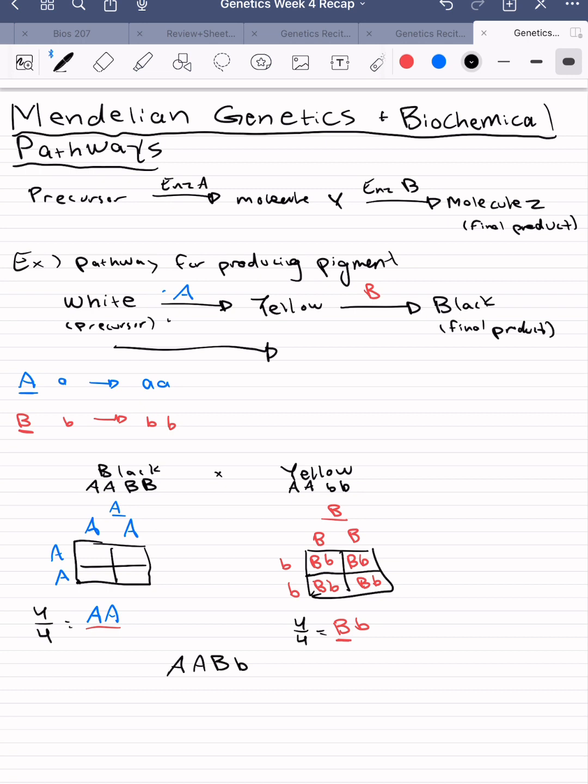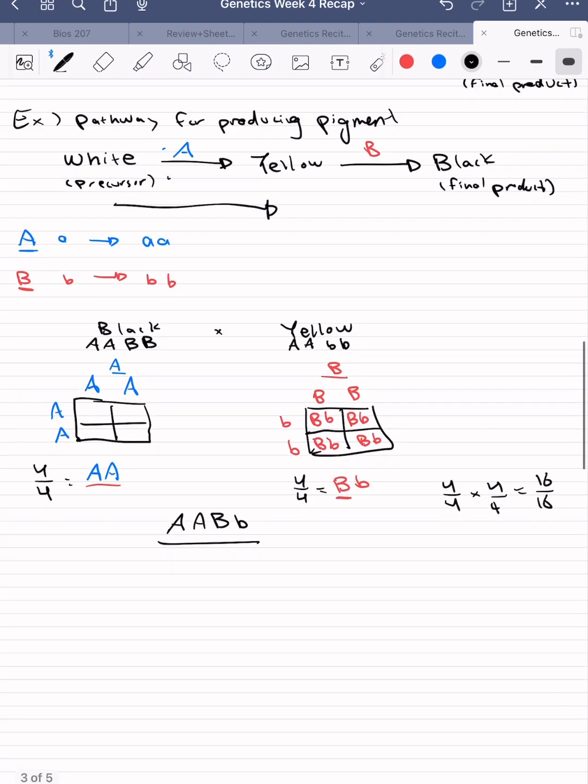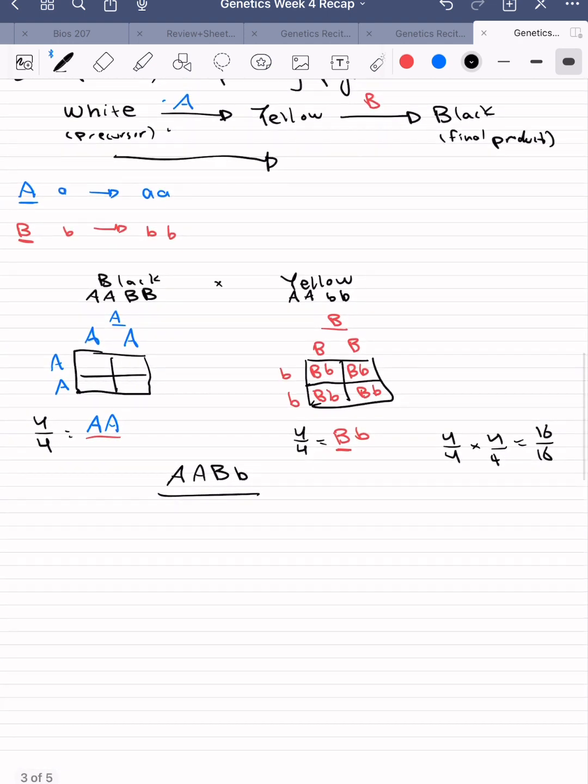If we multiply both of these ratios, it'd be 4 out of 4 times 4 out of 4, which will give us 16 out of 16, which means all of them will have this genotype. Now let's say we cross the F1. So we're going to cross the big A, big B, little b with another individual who's big A, big B, little b.